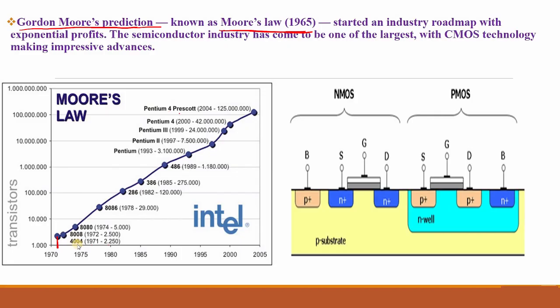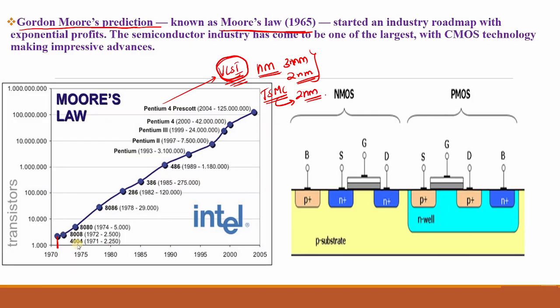These are the different transistor counts. So now in VLSI you have 100 crore transistors within an IC. Now we are working in nanometer technology, in 3 nanometer or 2 nanometer technology. Recently TSMC came up with a chip in 2 nanometer technology.